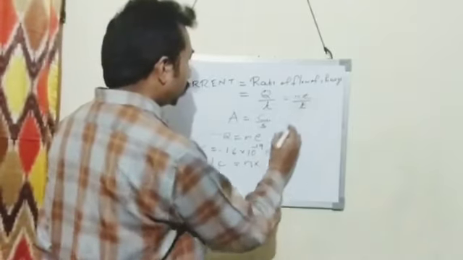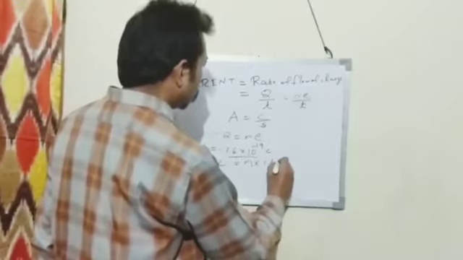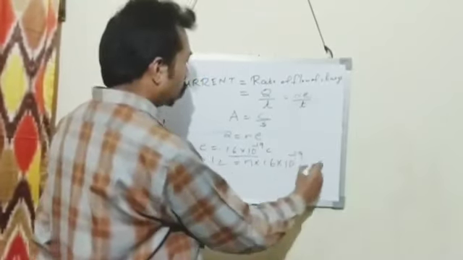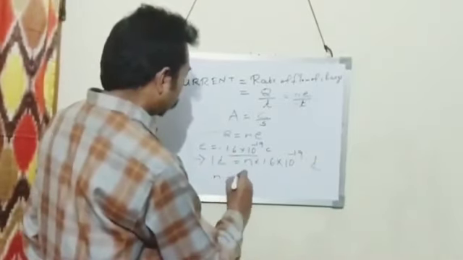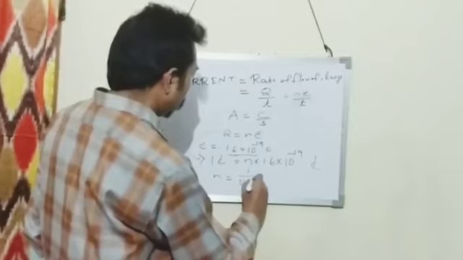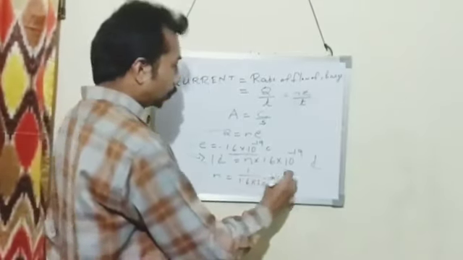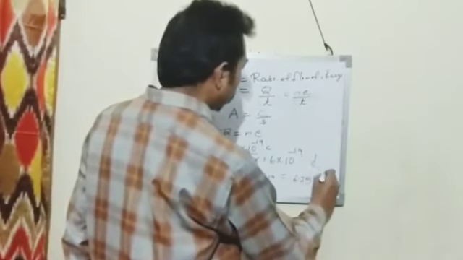E is the magnitude of charge of one electron, 1.6 into 10 to the power minus 19 coulomb. Coulomb is cancelled on either side. Therefore, N is equal to 1 upon 1.6 into 10 to the power minus 19. When we solve this, we get 6.25 into 10 to the power 18.